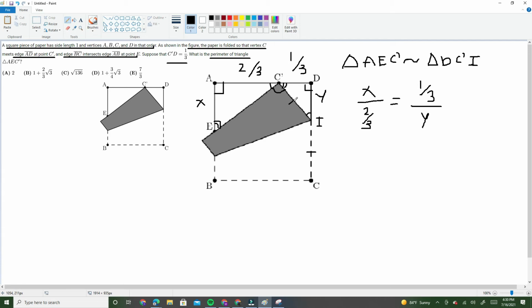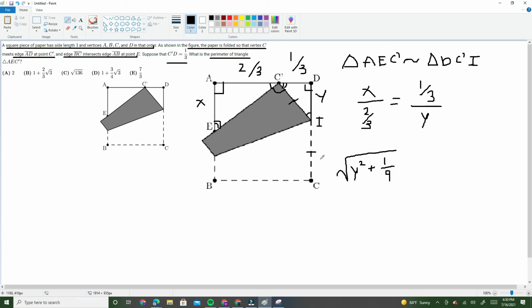So we can say that C prime I is equal to IC, which is also quite interesting, because we can compute for C prime I using Pythagorean theorem. We can get that C prime I is equal to the square root of y squared plus 1/3 squared, which is 1/9.